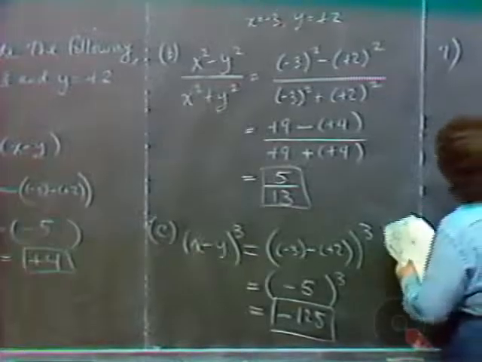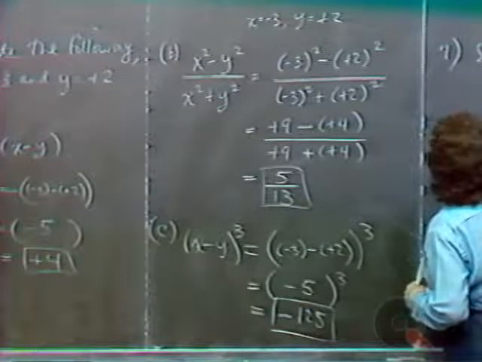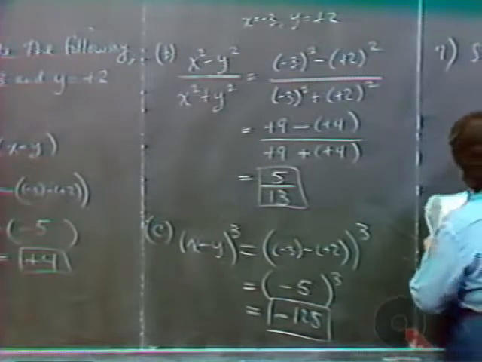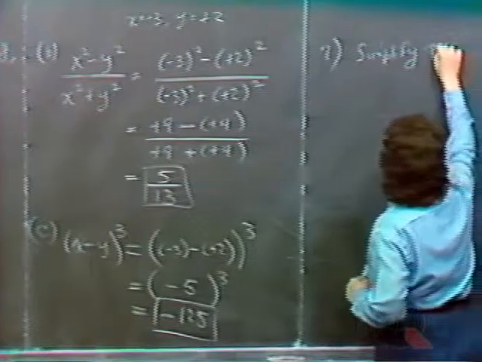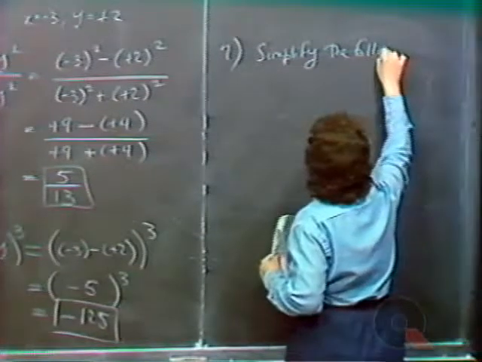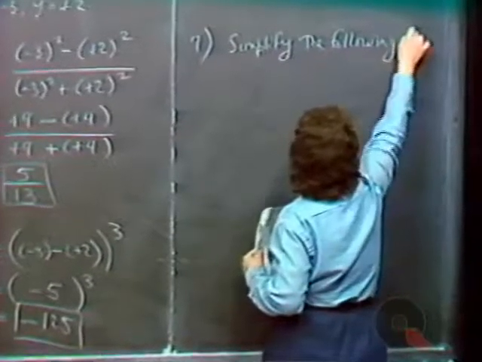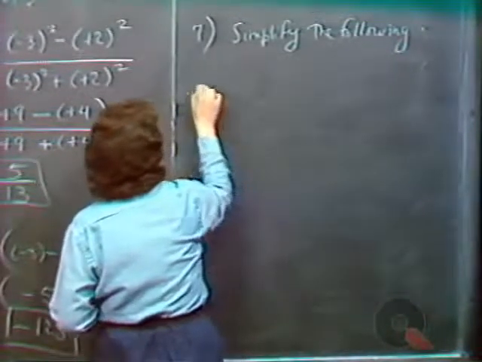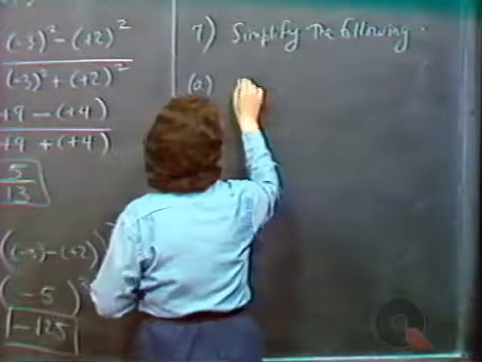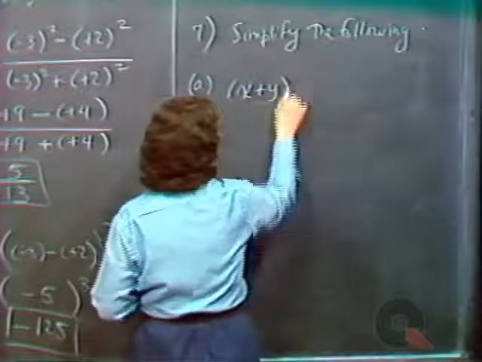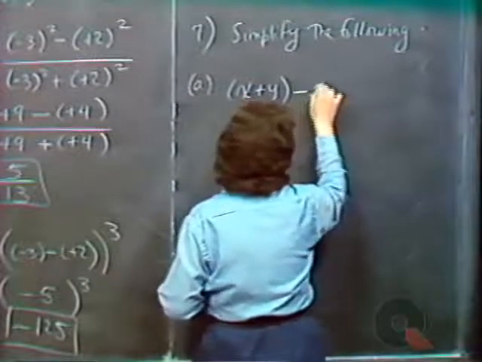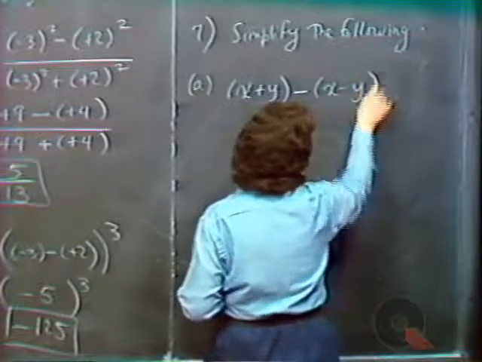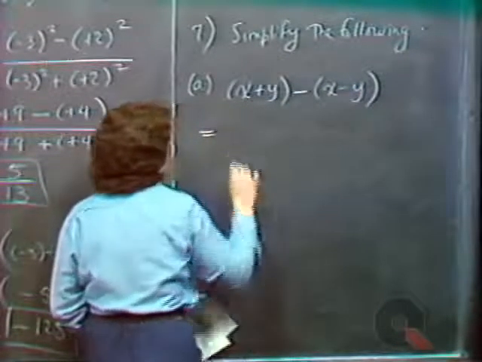In problem 7, I want you to simplify various algebraic expressions, making use of the distributive law and order of operations. In part A, we have x plus y in parentheses minus x minus y in parentheses.